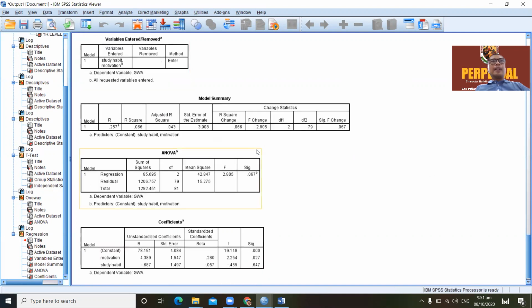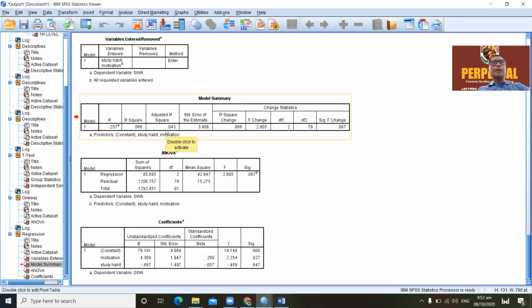Okay, let us try to look at the model summary. This is actually the overall result already. Trying to look at what is the overall effect. Is the overall effect enough? You look here at the adjusted R squared. This is the adjusted R squared. 0.043.